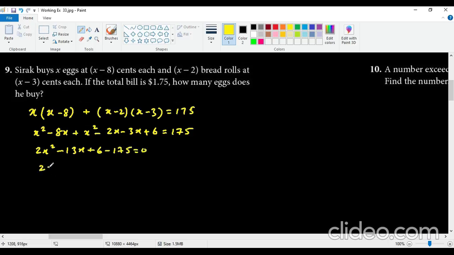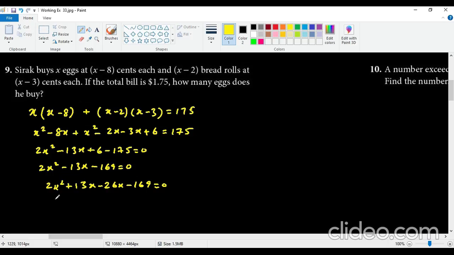So 2x square minus 13x minus 169 equals 0. Now we know very well that 13 times 26 is equal to the product of 169 times 2. So what we are going to use is 2x square plus 13x minus 26x minus 169 equals 0.